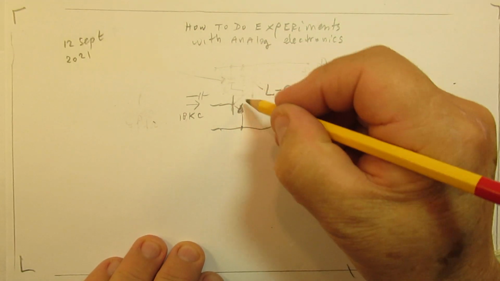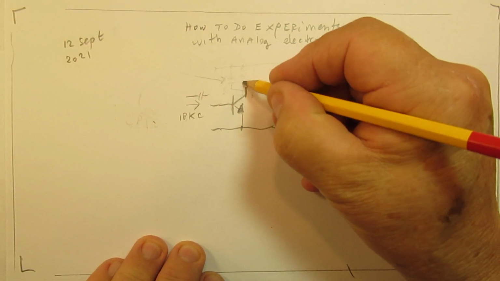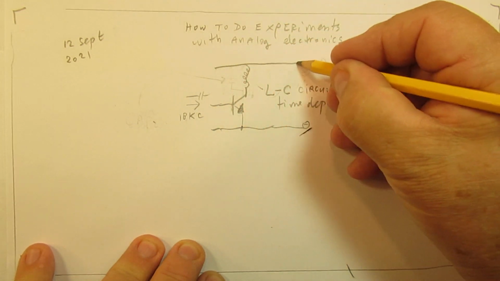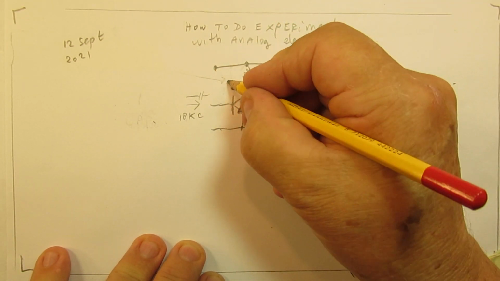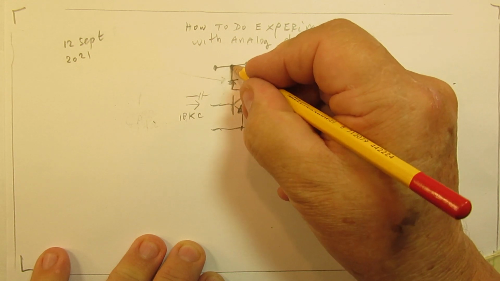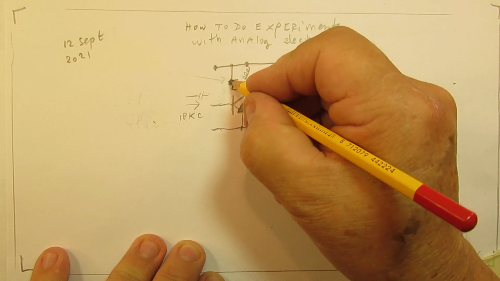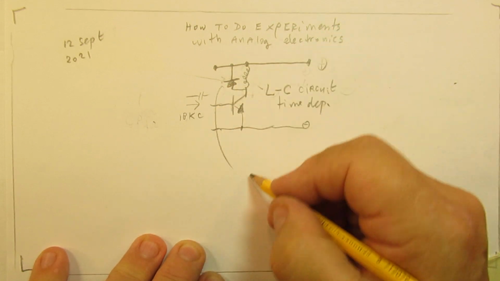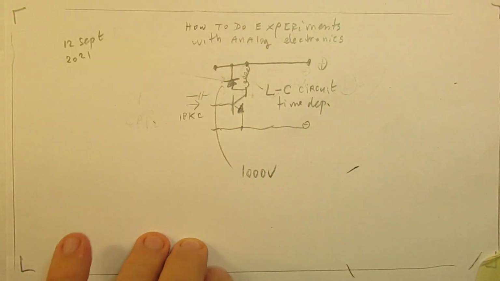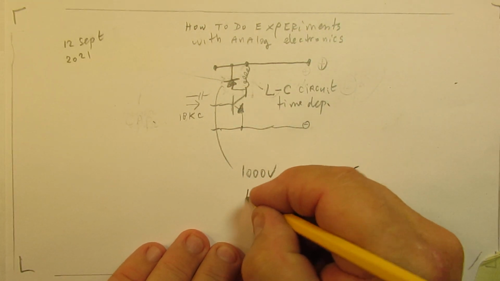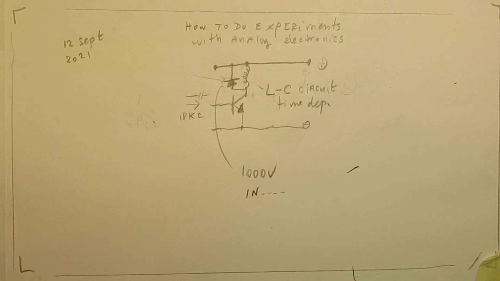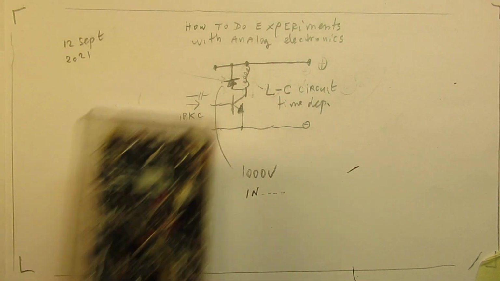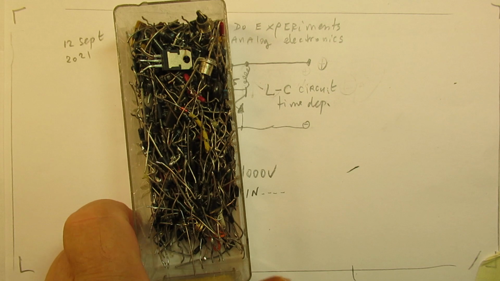So this is the classic solution with a relay, for instance, and you always see such a diode here. I often use a 1000 volt type diode, very cheap, from the 1N XXX family. Here I have my medium power diodes.